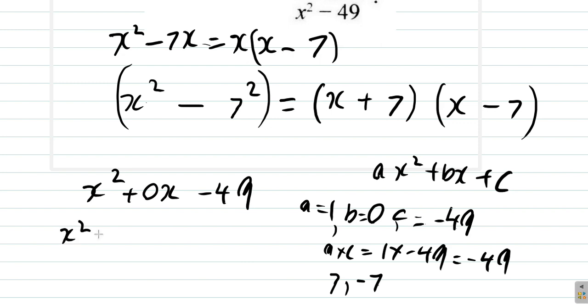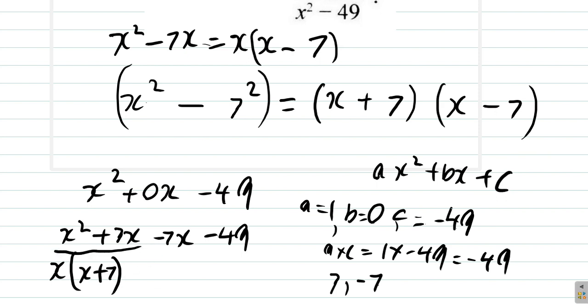So you have x squared plus 7x minus 7x minus 49. And remember, even if you put the minus 7x first and then the plus 7x, it wouldn't make a difference. You get the same answer. You factorize the first two: you have x outside the bracket, x plus 7 inside the bracket. Then you factorize the last two: it would be negative 7 outside the bracket. Don't choose positive 7 because you want the same thing in the bracket. If you put positive 7 outside the bracket, what's inside the bracket will be negative.